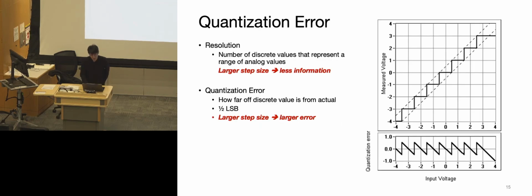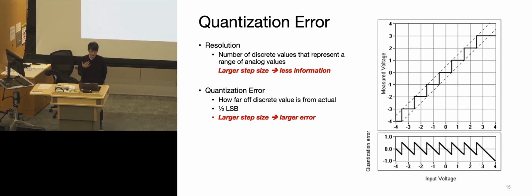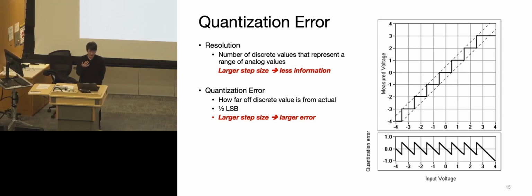And we have that whole process called quantization. We will naturally have some quantization errors in terms of, for example, the resolution. It's essentially the number of discrete values that represents a range of the analog values. So one discrete value can represent a small range, and that's basically the hardware error of your quantization or your ADC chip in this case.